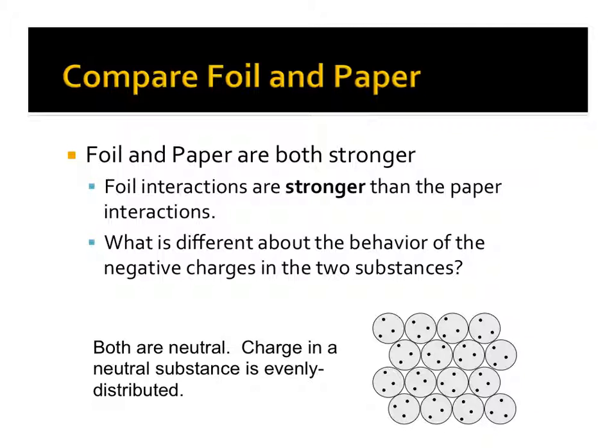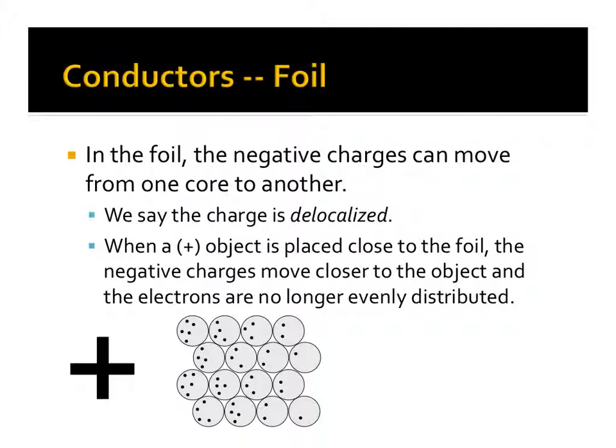One thing we noticed is that in neutral objects that are just sitting there, the charge is evenly distributed amongst the whole object. So foil is a conductor. It allows its negative charges to move from one positive core to another.